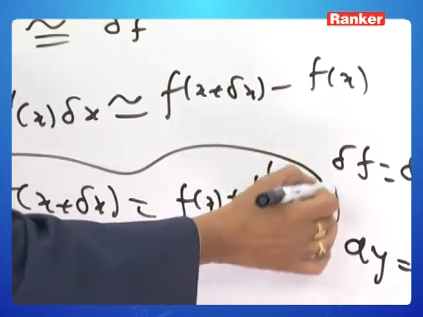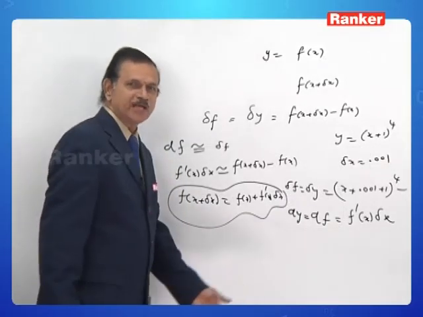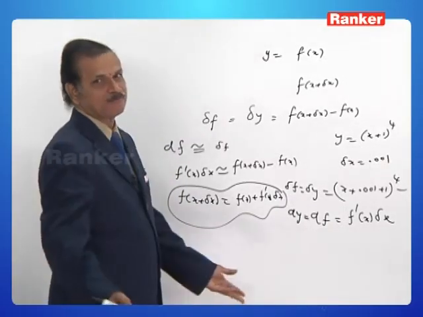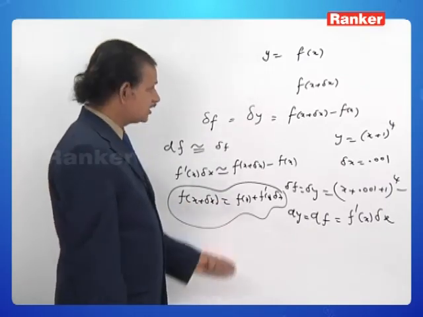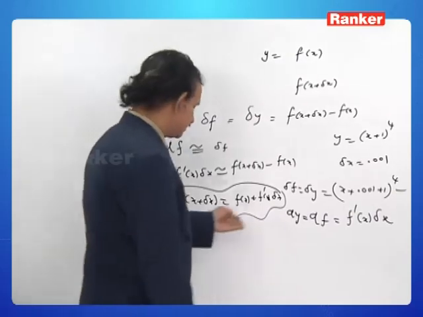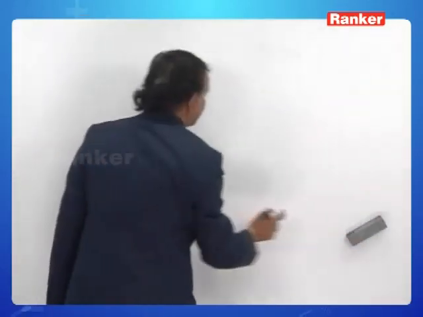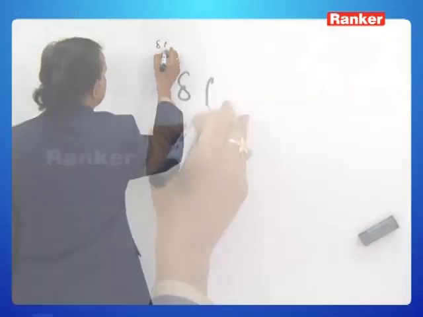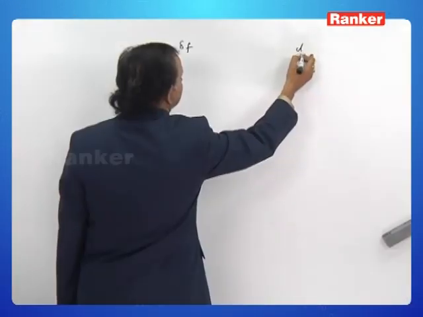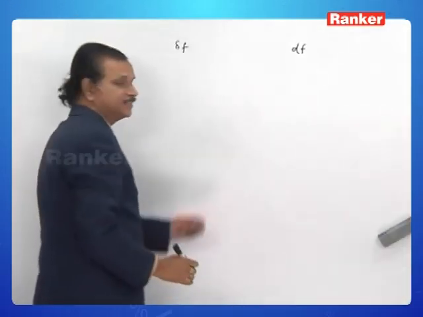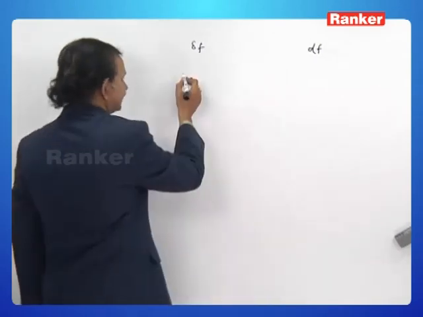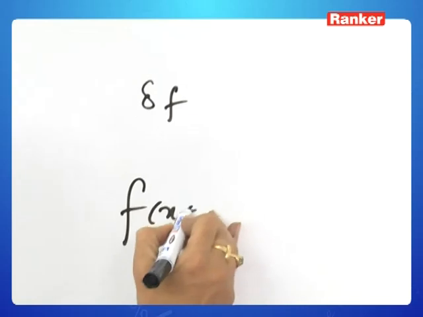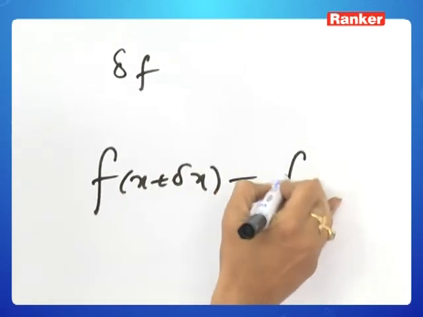This gives us a beautiful formula to know the approximate value of a particular function with a small increment. Let us be very clear and brief. Here there are two changes. One is delta f and another is df. This is the exact change, that is the approximate change. What is exact change? F of x plus delta x minus f of x.